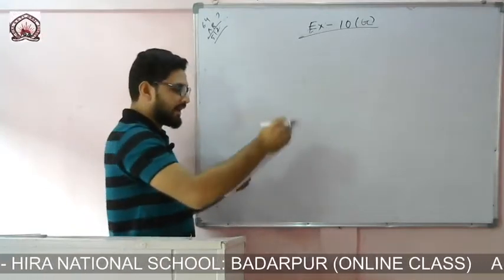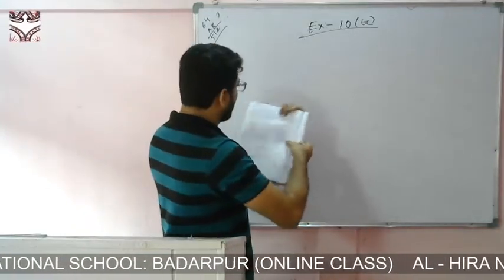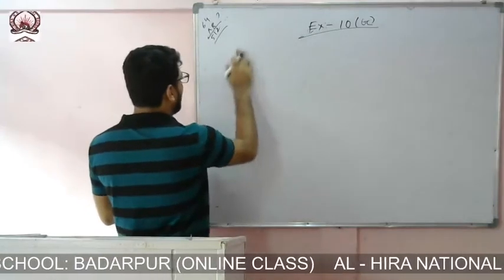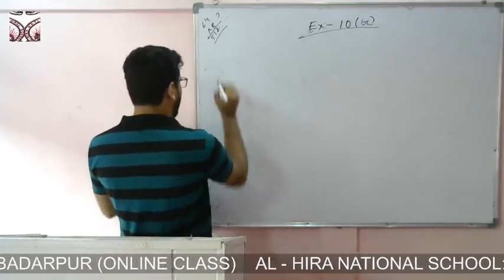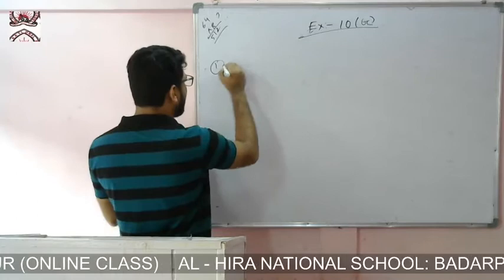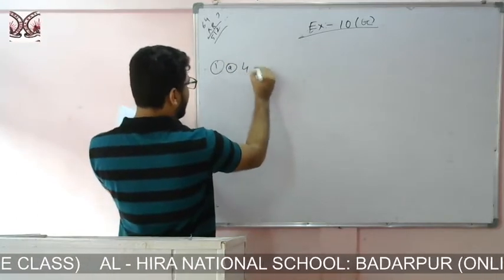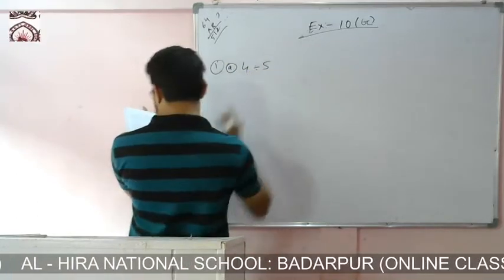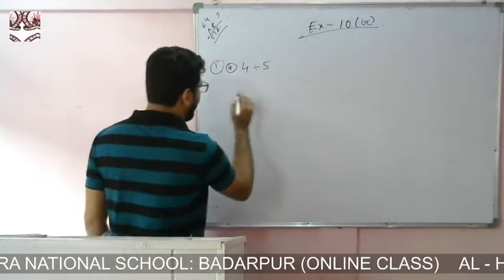So here you see again we have to divide. Okay, now both the numbers are whole. You see number 1, 4 divided by 5. So you see how to divide.